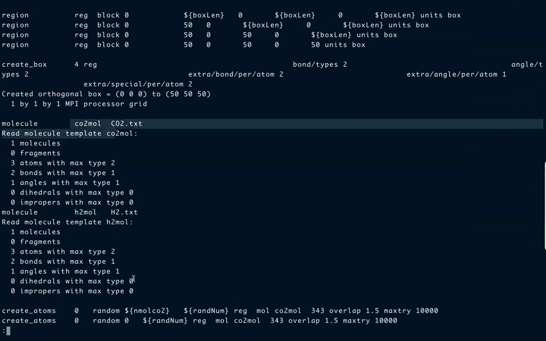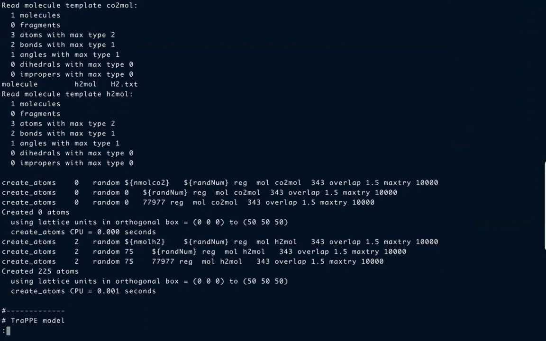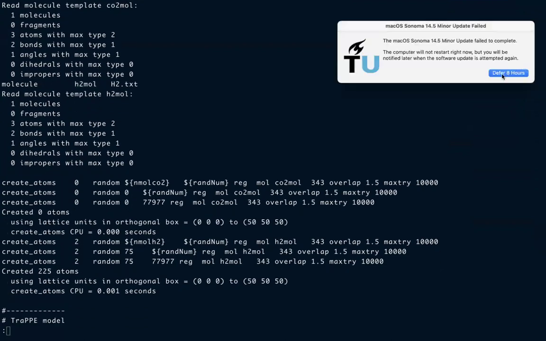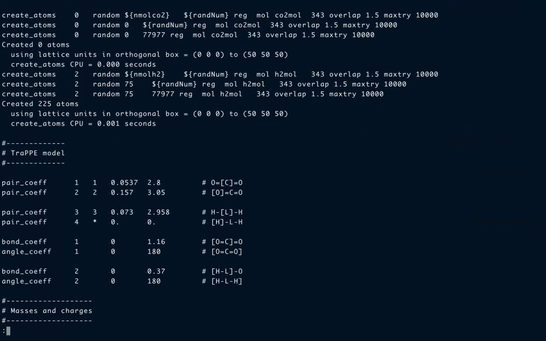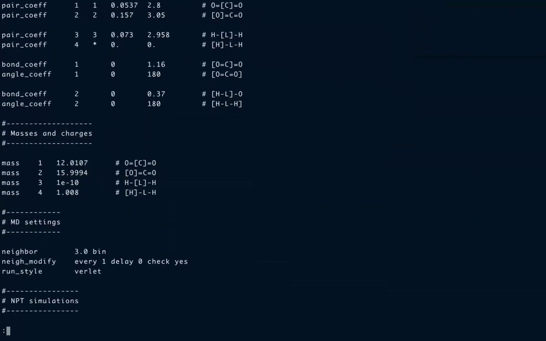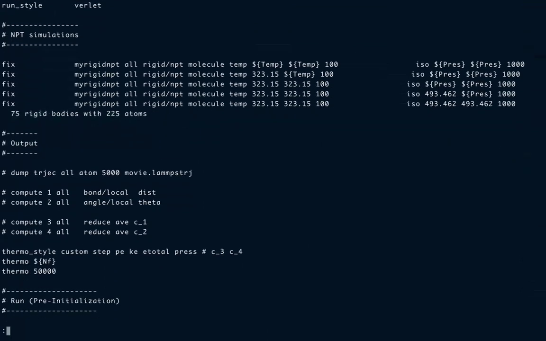It read the template file for carbon dioxide. It even initialized 225 atoms, which is basically 75 molecules. So 75 times 3 is 225. Then it also loaded all the force fields and so on. And finally, you see that there are 75 rigid bodies with 225 atoms.